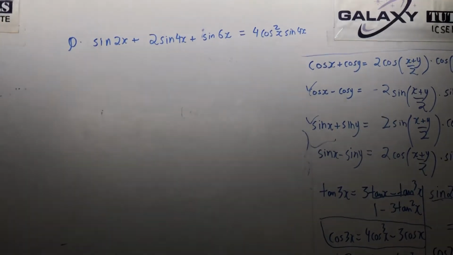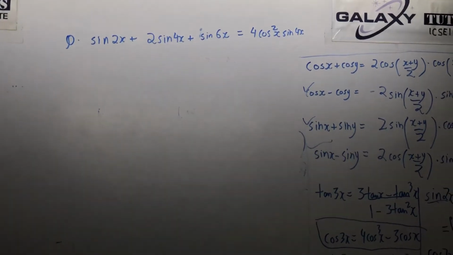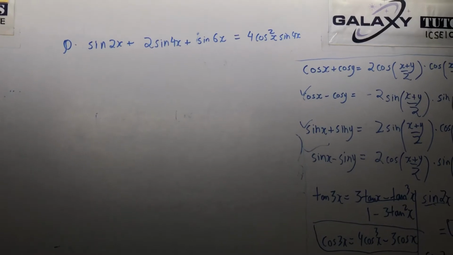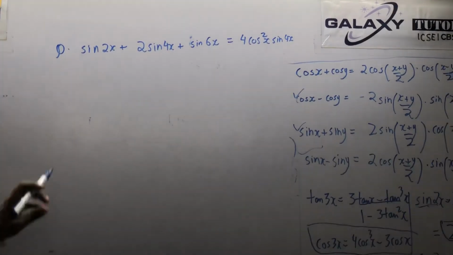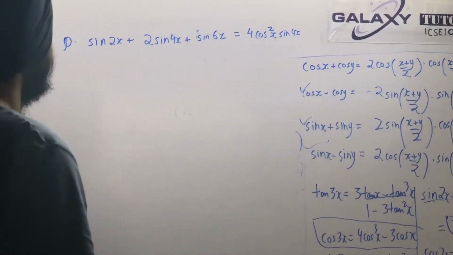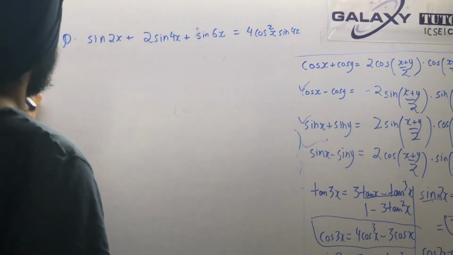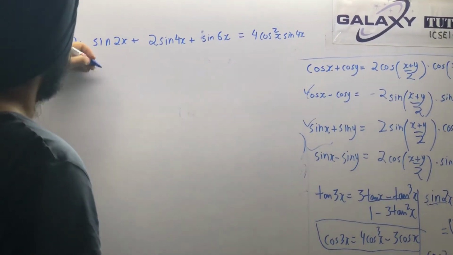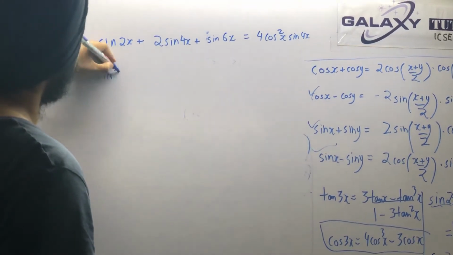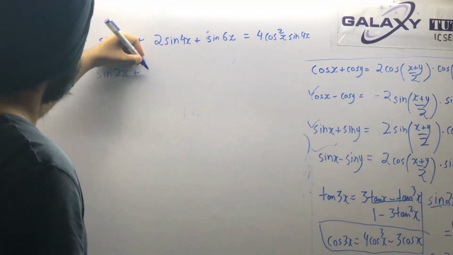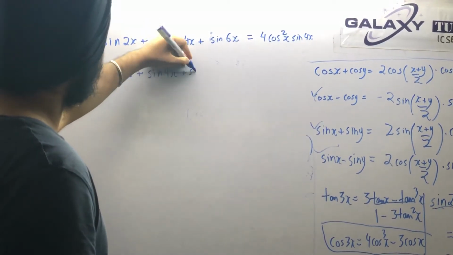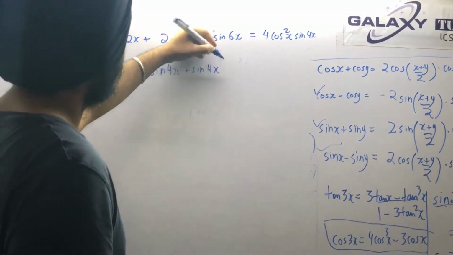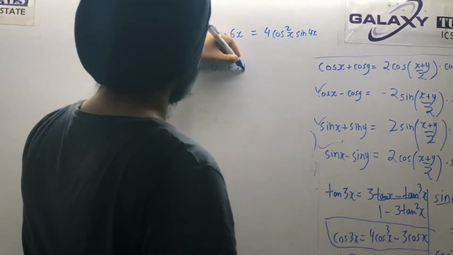So let us do this question. Now, in this question, what you can do is see. You can write this like this: sin 2x plus sin 4x plus sin 4x plus sin 6x.